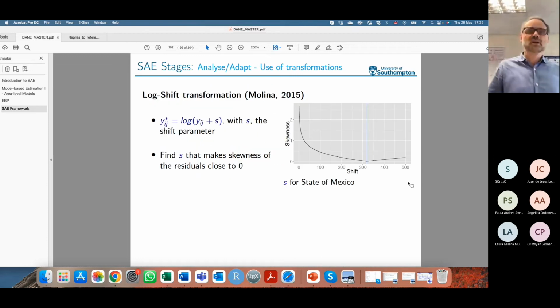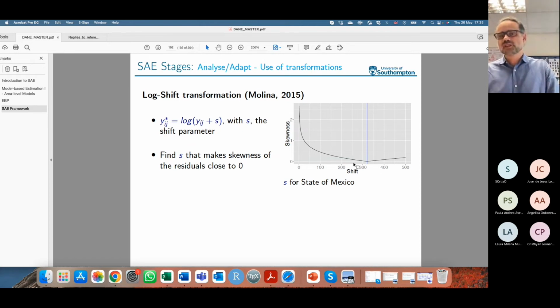Here are two examples of how you can adapt your model to use a logarithmic transformation of your outcome y, adding a shift parameter s, such that the shift you select makes the skewness of the residuals close to 0, for example.